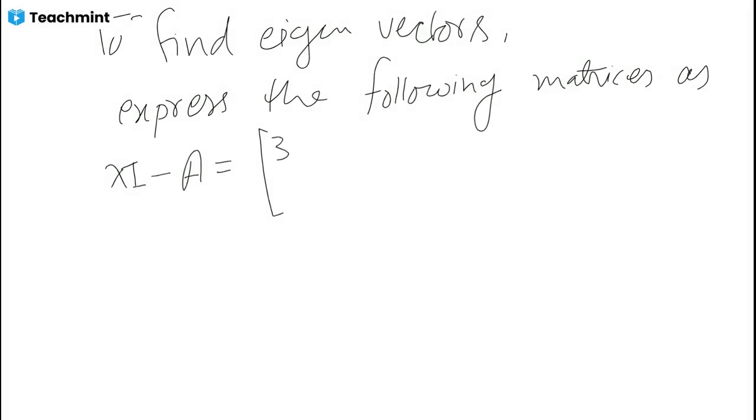So we have 3 minus lambda, 3 is lambda, and the value of A we have here is 3 and 2 0, and below we have 3 minus 1. So we have here 0 2 0 2.